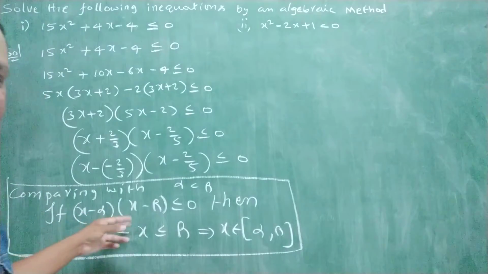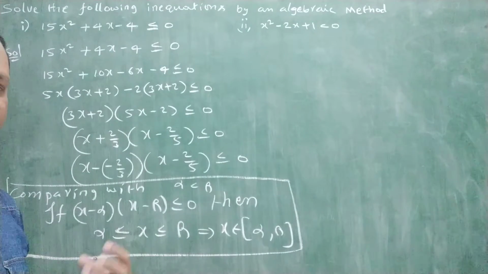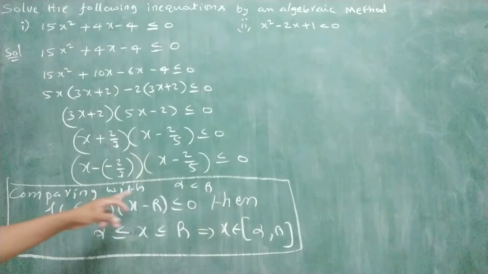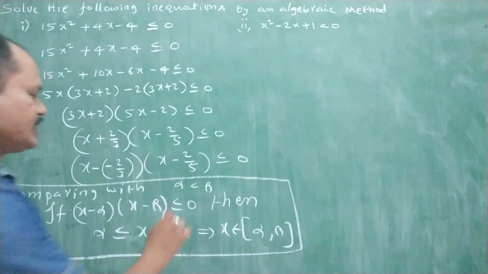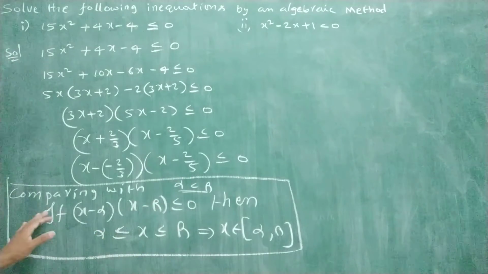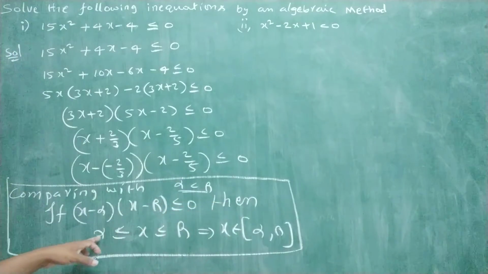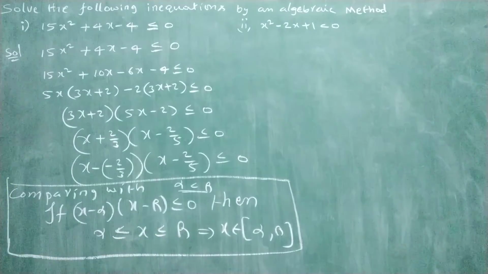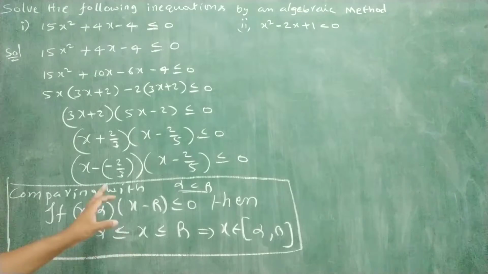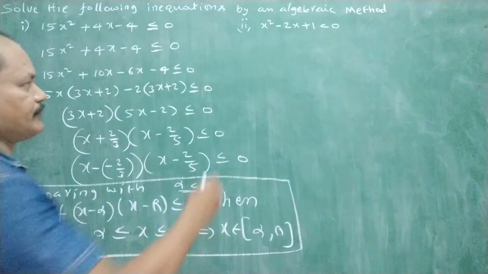Observe, this is one of the parts of the previous videos, the concept on intervals of inequations. That's why, for alpha always less than beta, if x minus alpha into x minus beta less than or equal to 0, then the value of x lies within the interval alpha and beta, including alpha and beta. That's why x belongs to closed alpha beta. Like that, here minus 2 by 3 is less than 2 by 5.